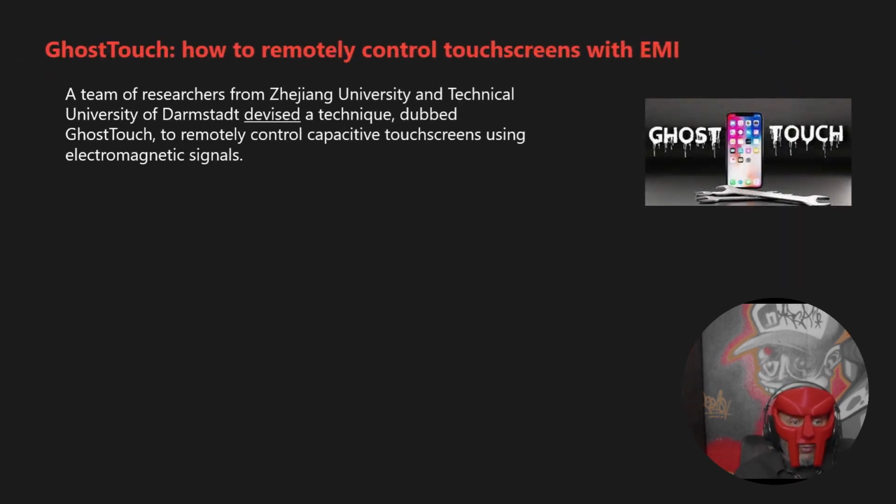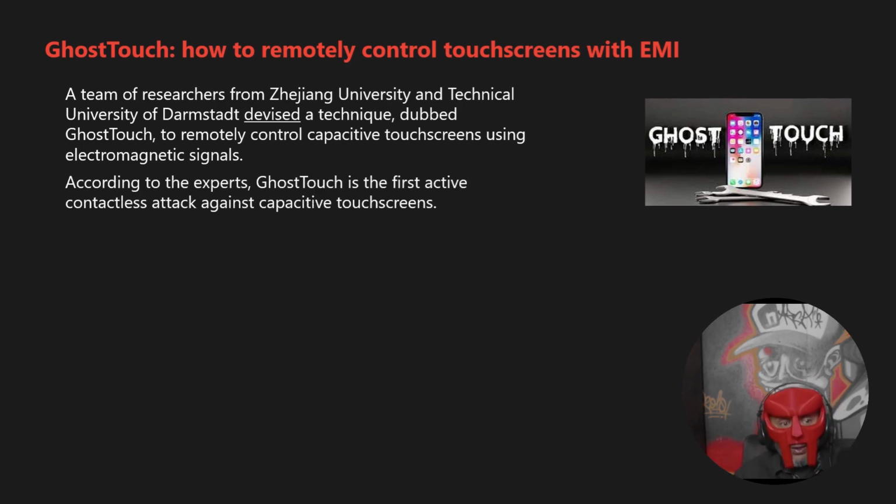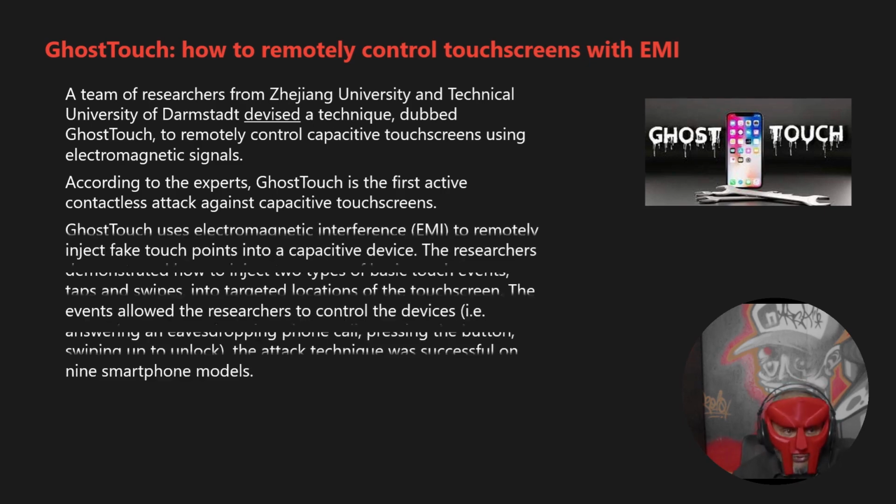A team of researchers from Zhejiang University and Technical University of Darmstadt devised a technique dubbed Ghost Touch to remotely control capacitive touchscreens using electromagnetic signals. According to the experts, Ghost Touch is the first active contactless attack against capacitive touchscreens.